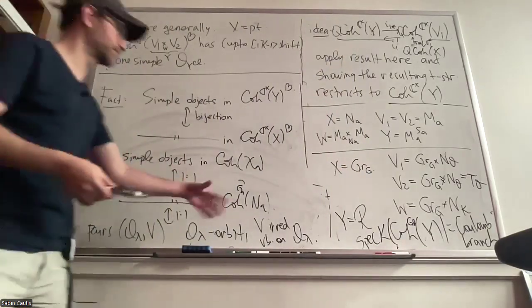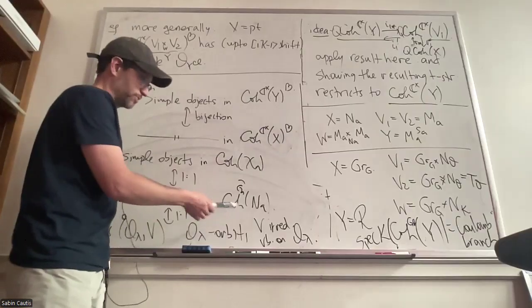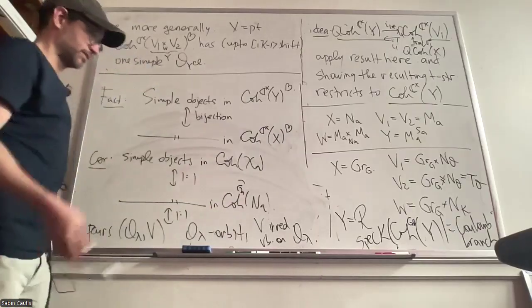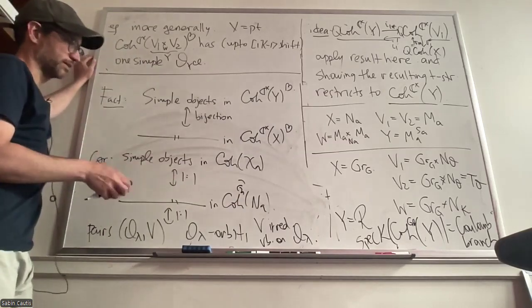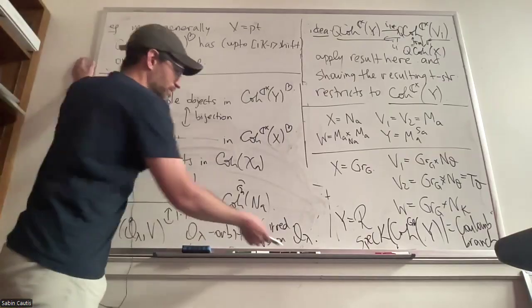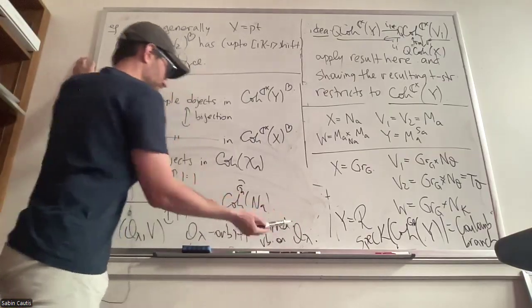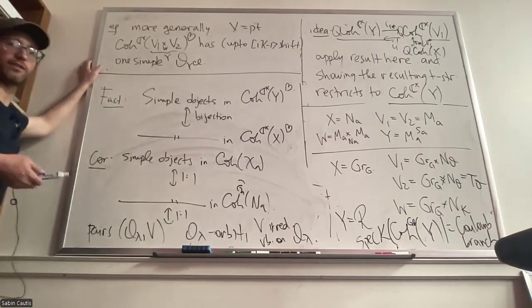Since it's an orbit, the category is equivalent to the category of representations of the stabilizer, some subgroup, and for any irreducible representation of that subgroup, you get an irreducible vector bundle. So the simples are in bijection with such data.